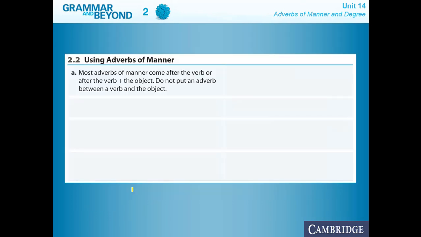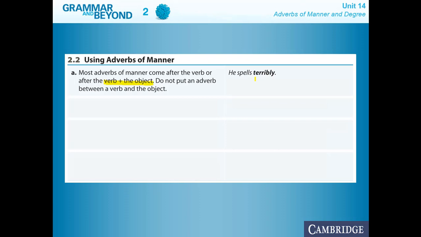Okay, now we are going to see the use of adverbs of manner, right? Most adverbs of manner come after the verb or after the verb plus the object. We are not going to put an adverb between a verb and the object. For example, we are going to say he spells terribly.